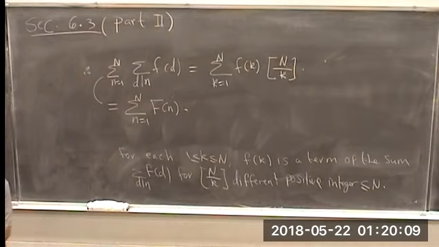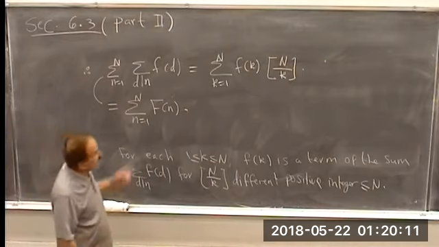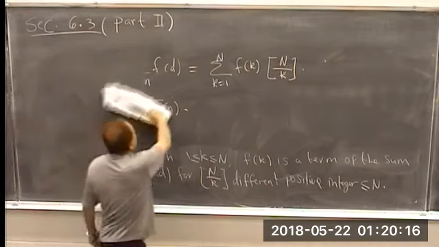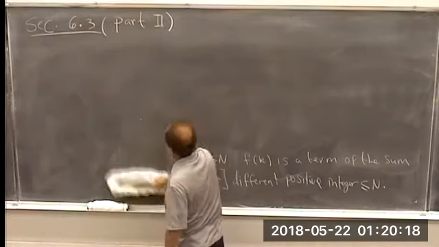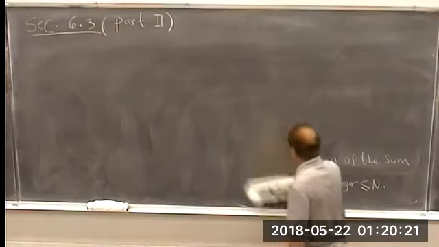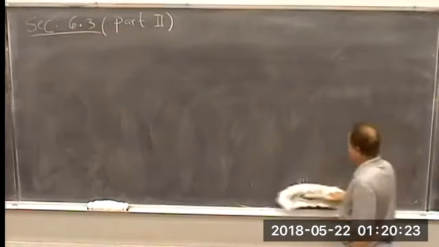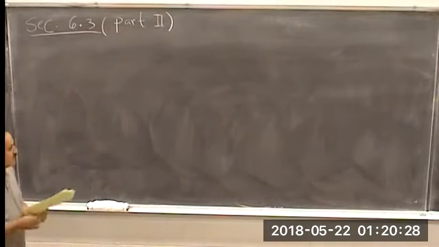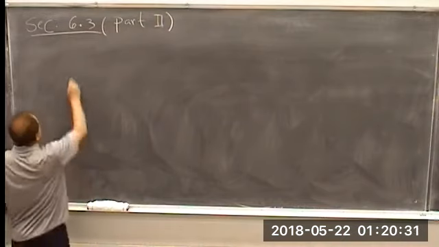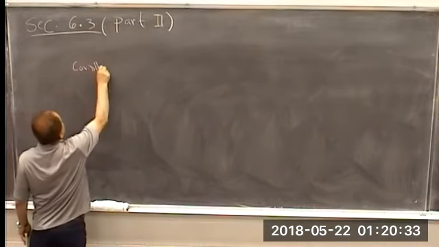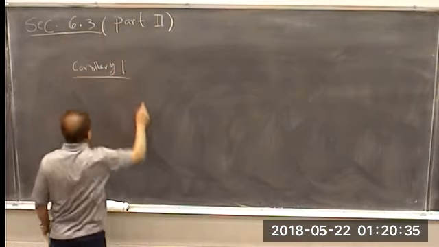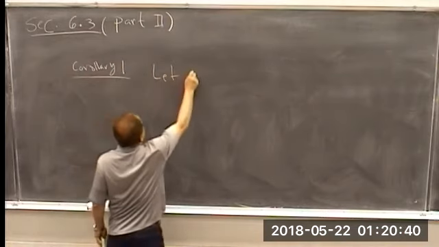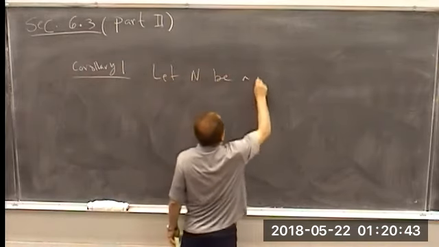All right, a couple of applications of this formula to the number of divisors, tau, and the sum of divisors, sigma. So this is a corollary. Corollary 1: Let N be a positive integer.